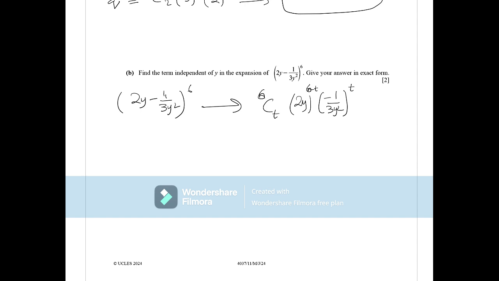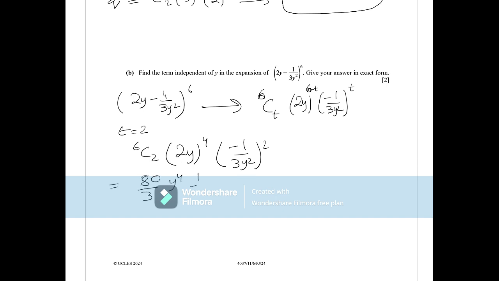So one way of doing it, given the nature of y squared, if my r is 2, I will have y to the 4 in the numerator and y to the 4 in the denominator as well. So for r equals 2, I have 6C2 times 2y to the 4 times minus 1 over 3y squared to the 2. So this leaves me with a constant, y to the 4, and 1 over y to the 4. So this cancels out, and the answer is the constant.